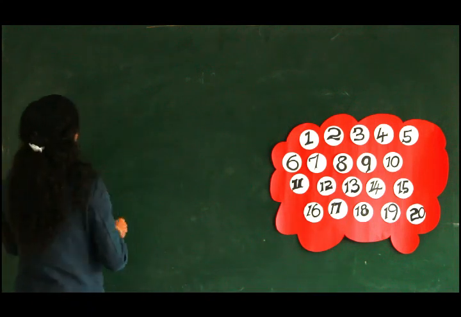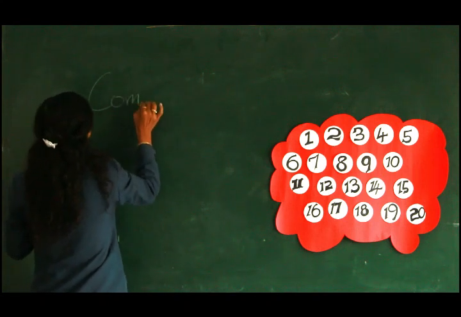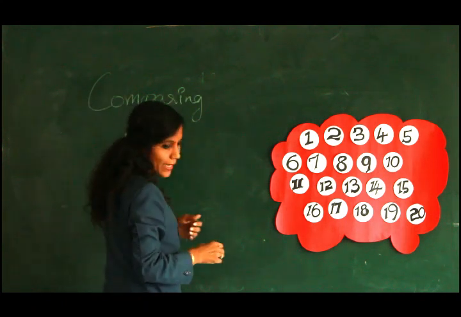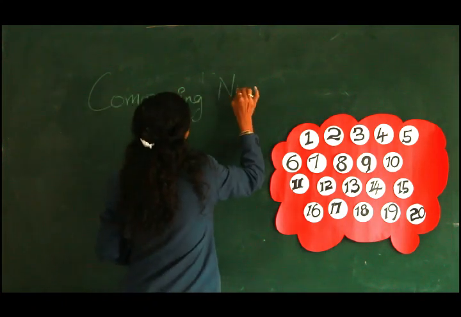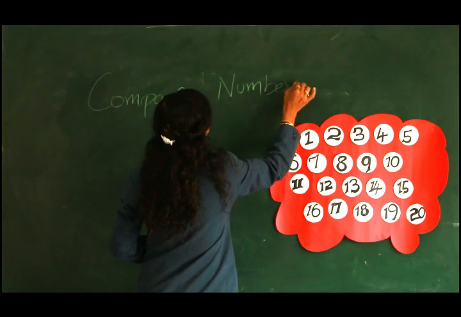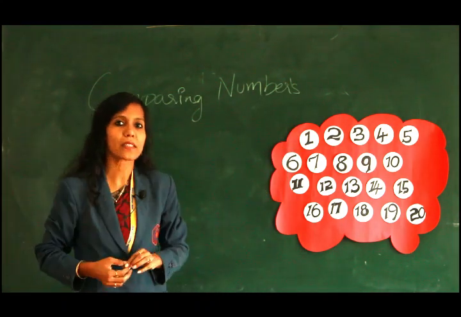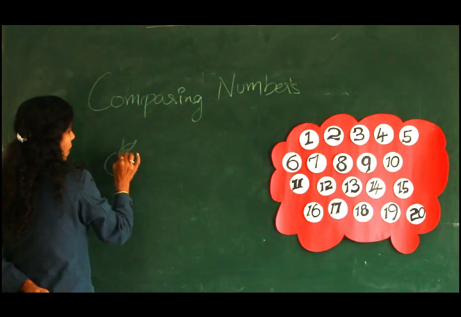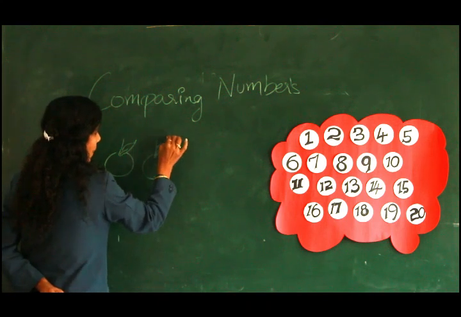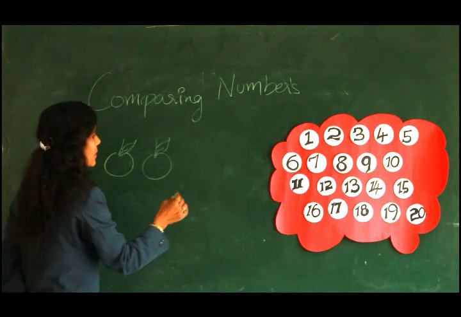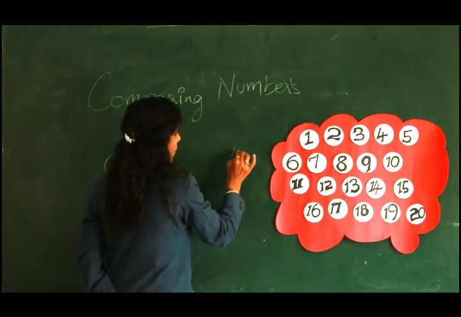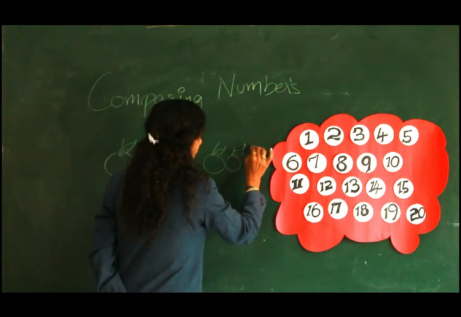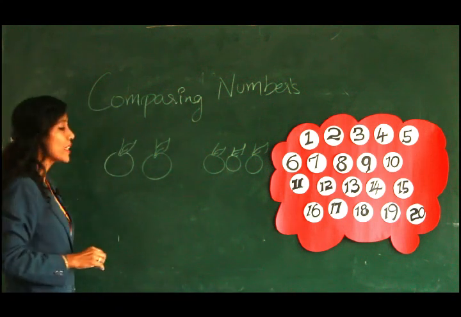Now going to the next concept, comparing numbers. Comparing numbers. So here we have two apples. And three apples.